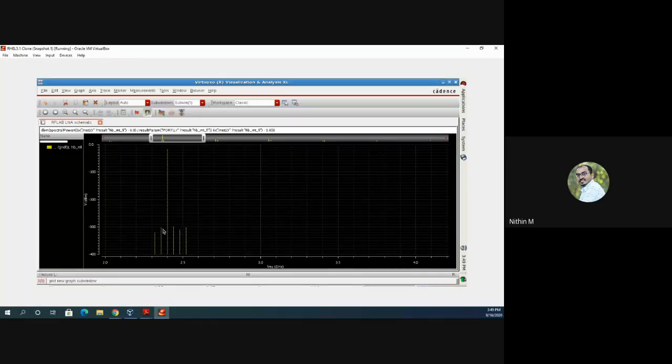And similarly on the other side you will get something at 2.36, which is the other intermodulation term, 2 omega 1 minus omega 2. So this is 2 omega 1 minus omega 2, and this term is 2 omega 2 minus omega 1, right? These two terms are appearing very close to this desired signal.